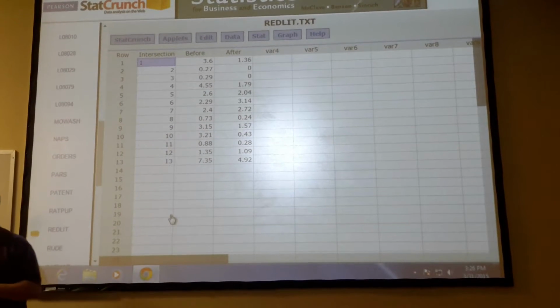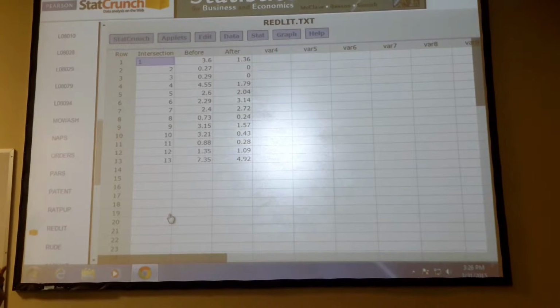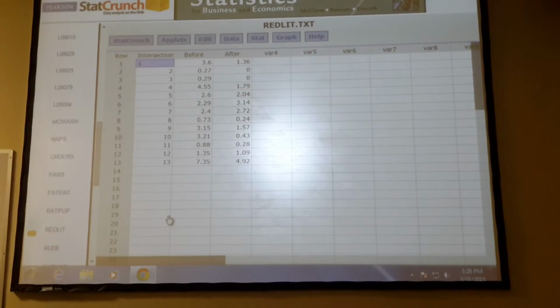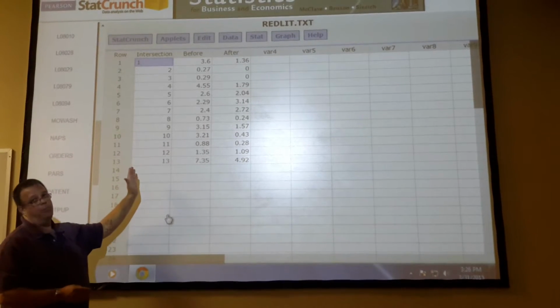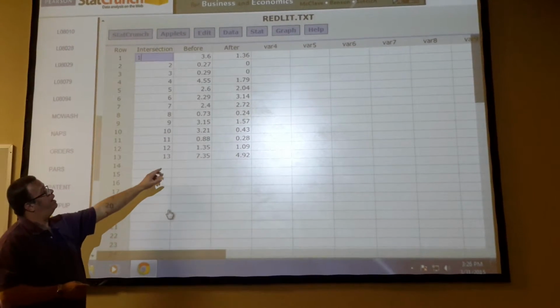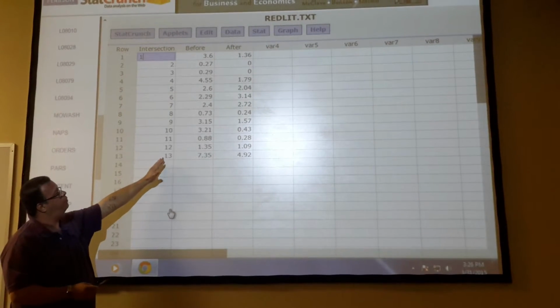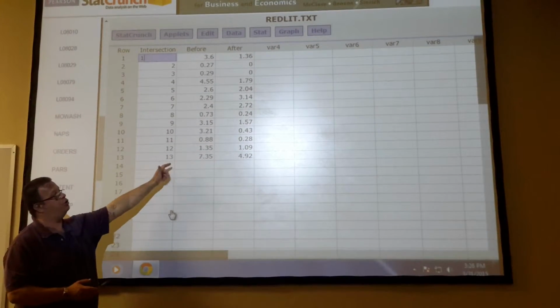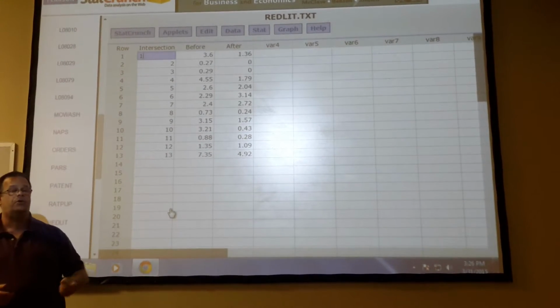We have quantitative data, so we know this is going to be a t-test. But one other thing that this data is indicative of is what we call a paired test. Whenever we have a before and an after group, we have two different observations or measurements based on the same subjects. Our subjects here are the intersections.